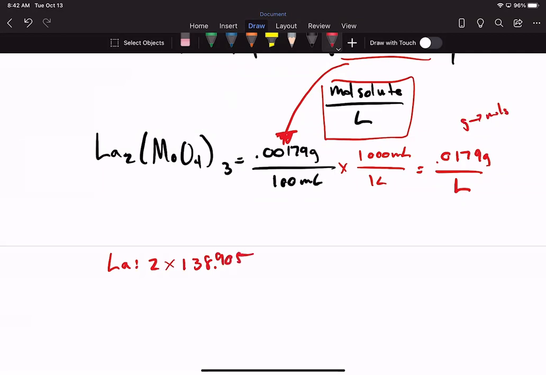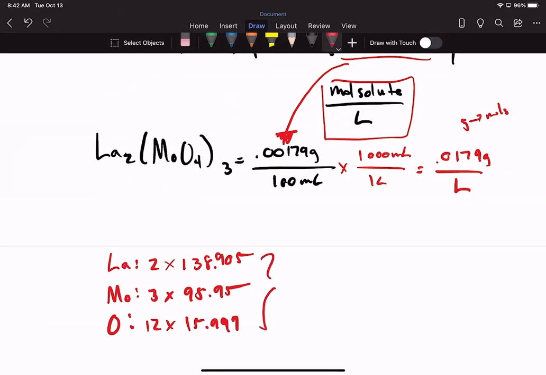For molybdenum, this is going to be 3 times 95.95. And for oxygen, this is 12 times 15.999. All right, if somebody could do that math, let me know how many grams per mole we have.